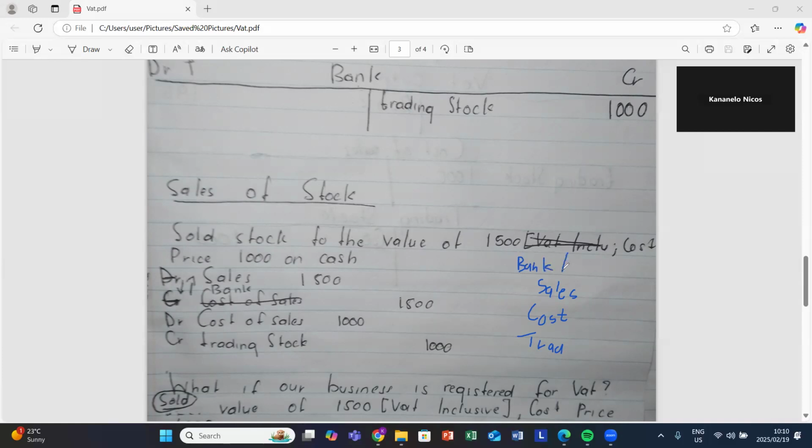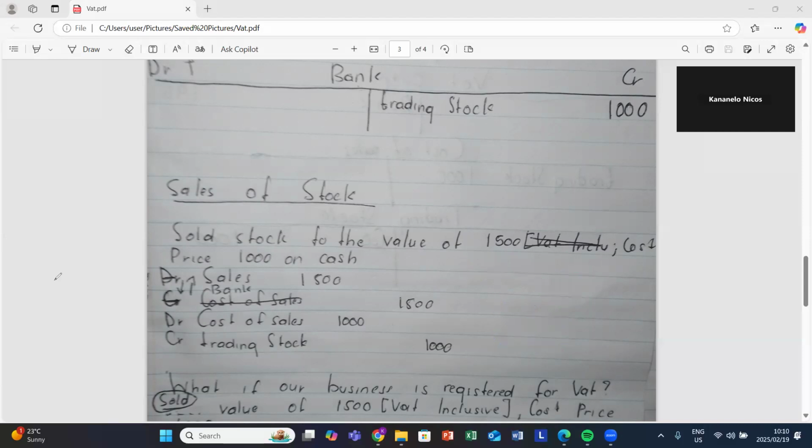But if ever you sold it on credit, you will write debtors control. And this one we always debit. This one we credit. Cost of sales we debit. Trading stock we also credit. These ones are always affected. In each and every transaction, when you are dealing with the accounting question, those four accounts will always be affected. Then with regards to our first one, when you sold with cash, we write bank, but with credit, you write debtors control.